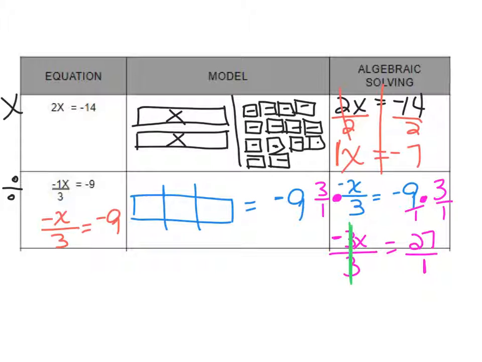I'm going to divide by negative 3, sorry. It should have been negative 3 that we're dividing by, because we want to get rid of that 3. So in this case, negative 3x divided by negative 3 is x, and negative 27 divided by 1 is just negative 27. And that shouldn't be there.